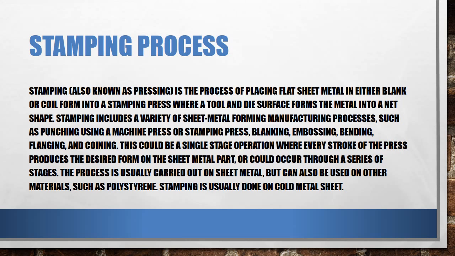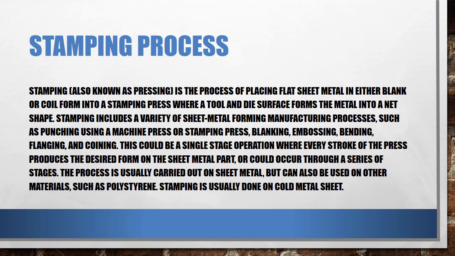Stamping includes a variety of metal sheet forming manufacturing processes, such as punching using a machine press or stamping press, blanking, embossing, bending, flanging, and coining.